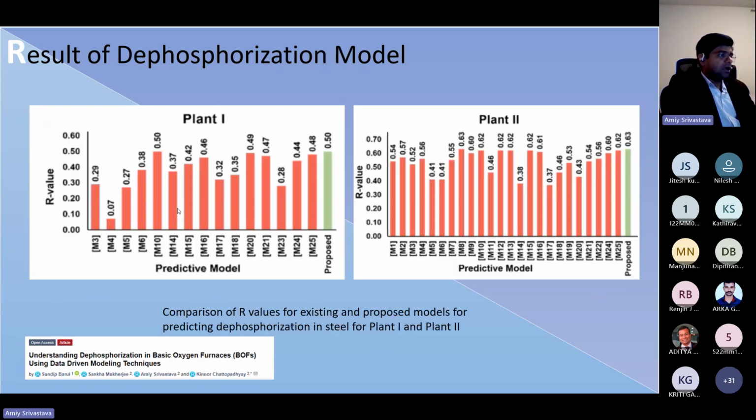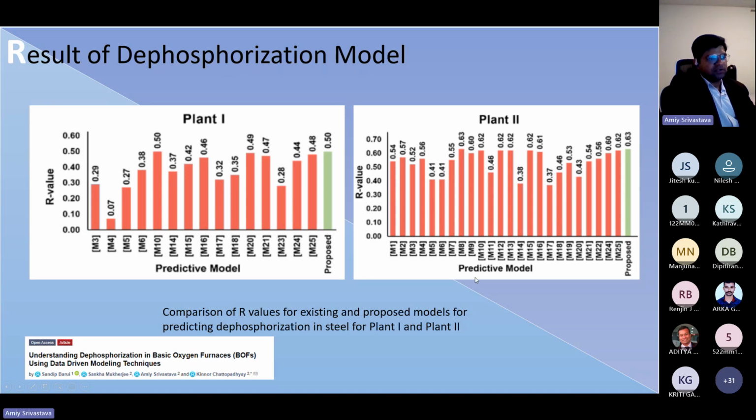Another thing you can see is our results. For plant one, our R square value was only 0.5. It's not that good actually, but you can see other equations have got only 0.48, less than that. And for the plant two conditions, you may ask, we applied the same equations on plant two and plant one.